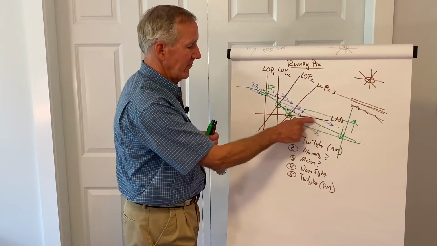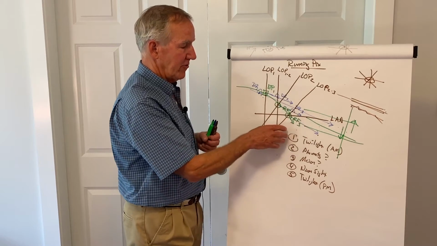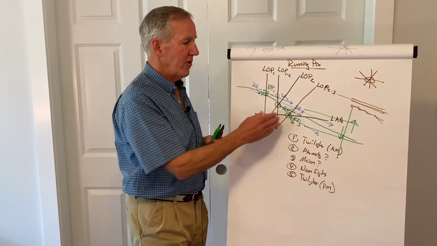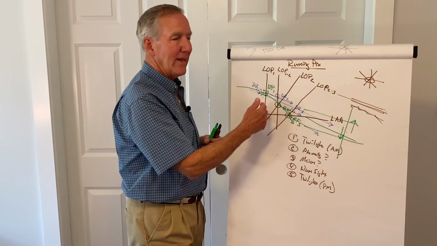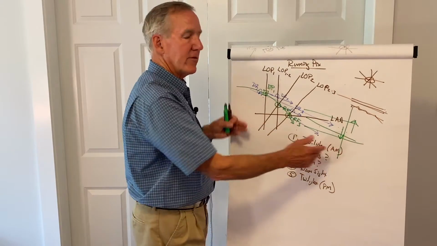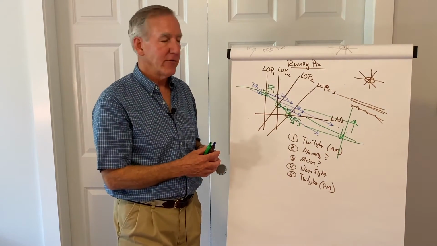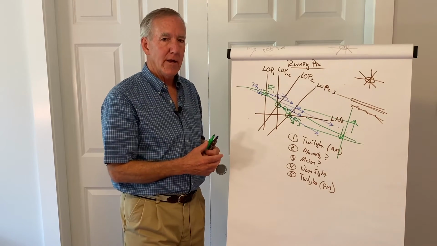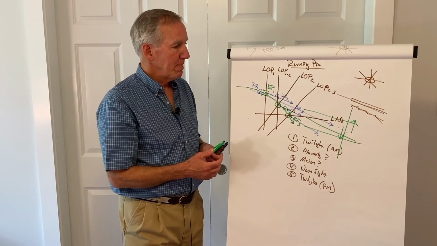A noon sight, for example, on this particular course is going to be pretty good at giving us cross-track information, whereas an early morning or late afternoon sight is going to be good for giving us our progress information on our track. So that's just one of the things you can look out for and utilize to your benefit.